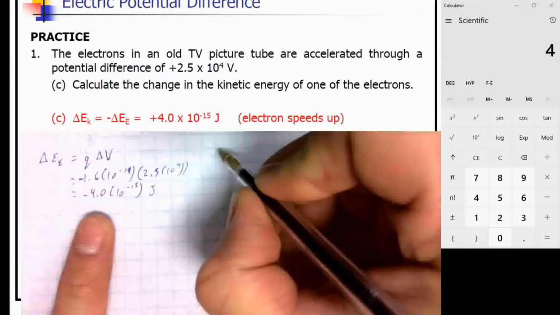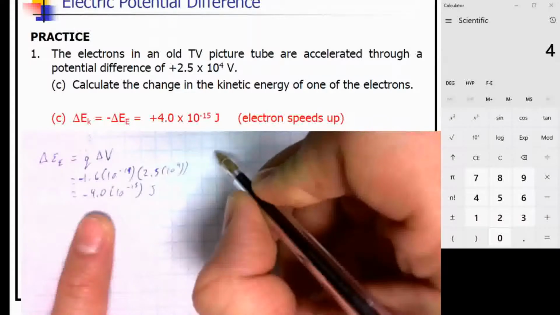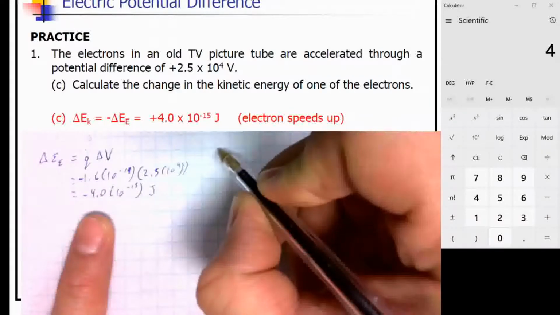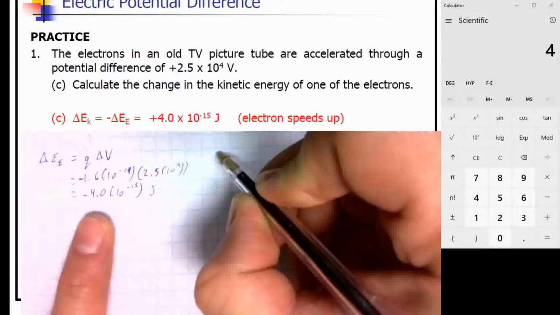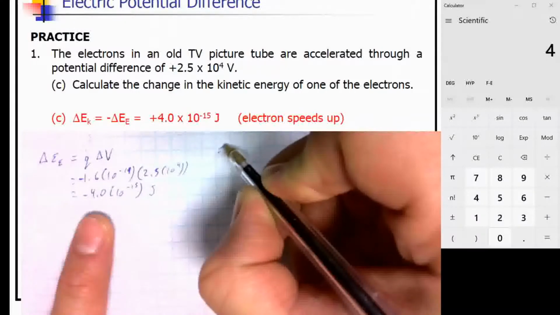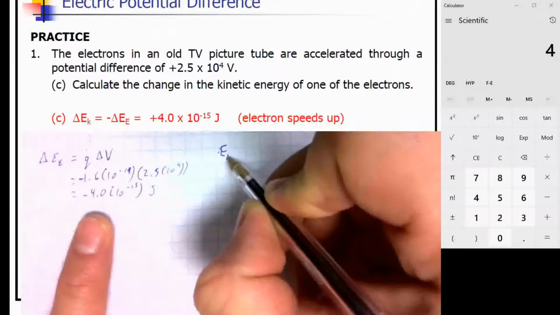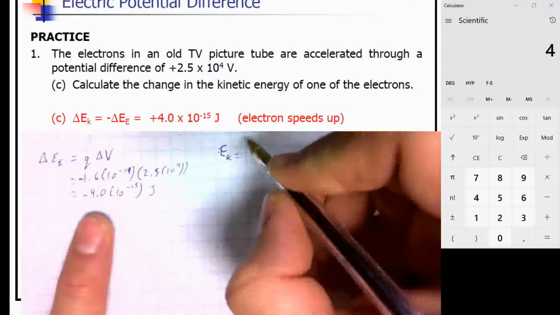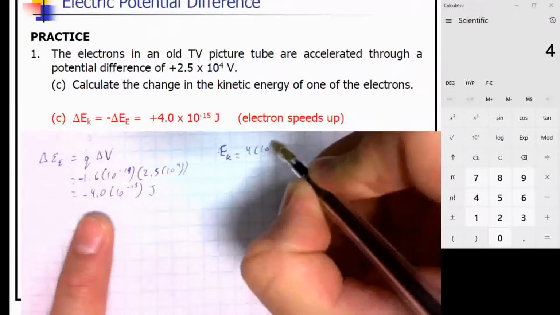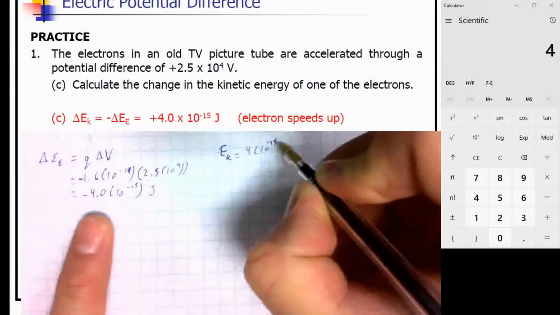So the energy is going to increase its kinetic energy. So that means that our kinetic energy, they're saying calculate the change in kinetic energy. So we're just asked to determine the change. That's just going to be the positive 4 times 10 to the negative 15 joules.